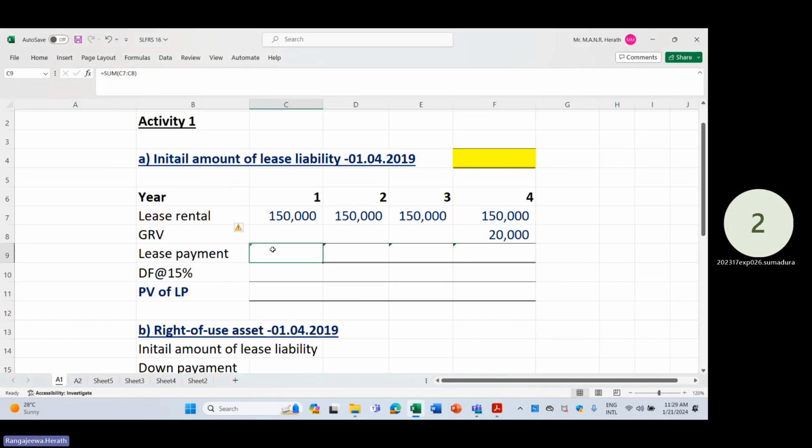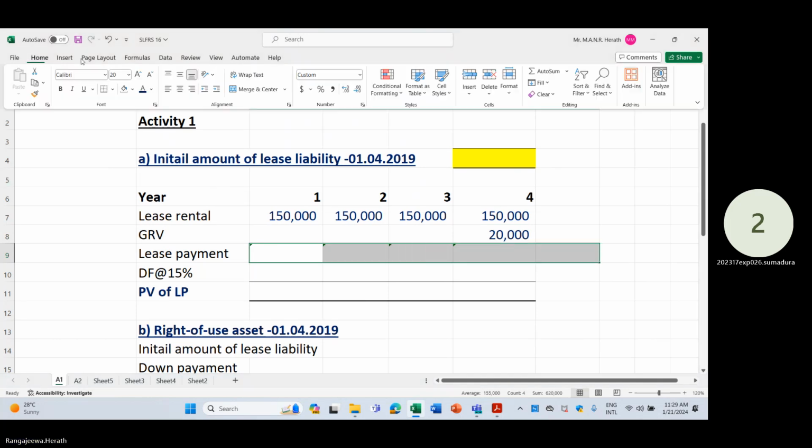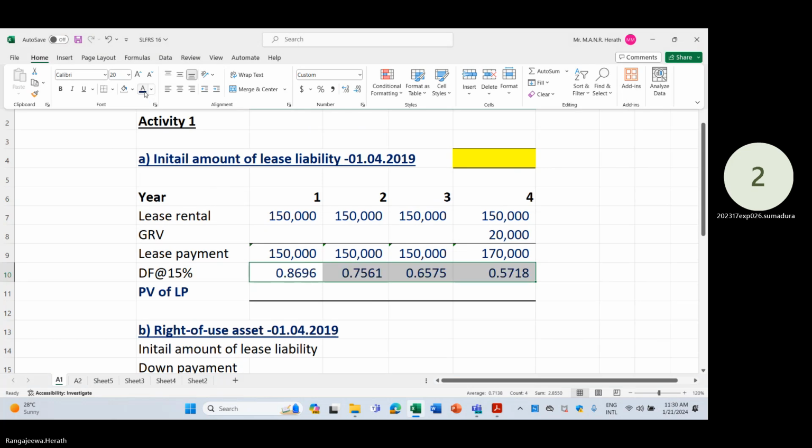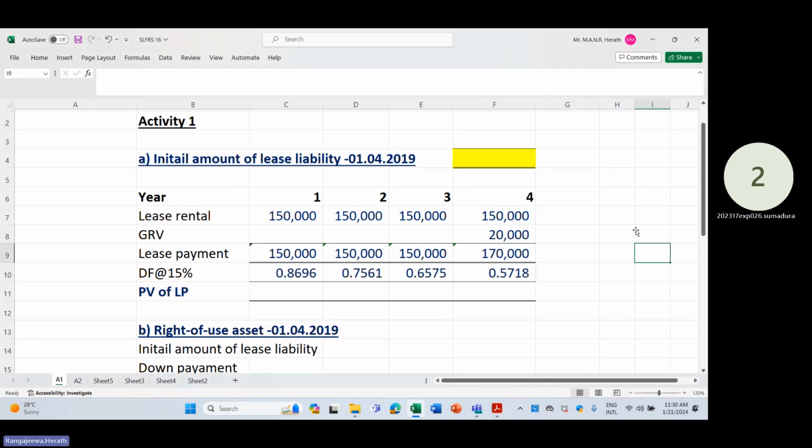So altogether, you have the lease payments. And I'll give you the discounting factor, 15%: 0.8696, 0.7561, 0.6575 and 0.5718.